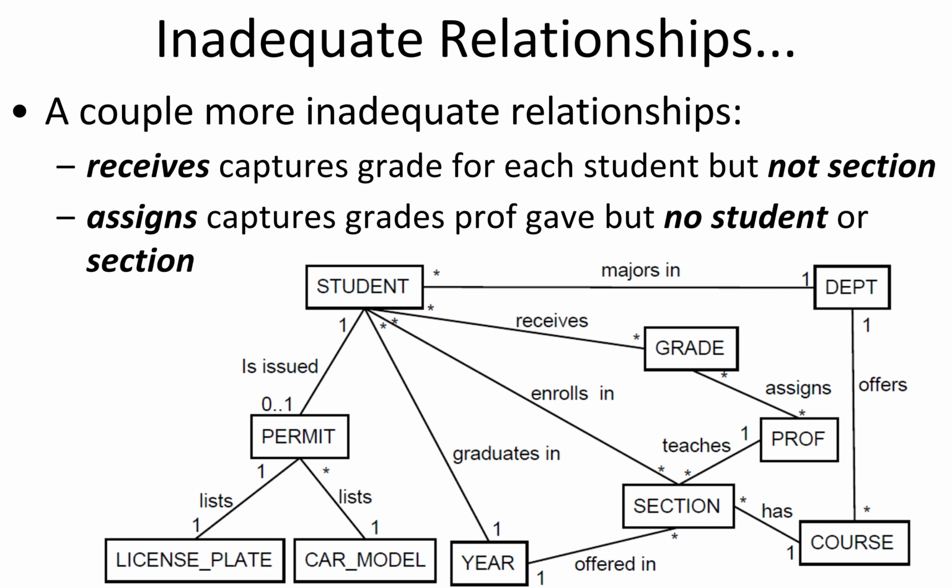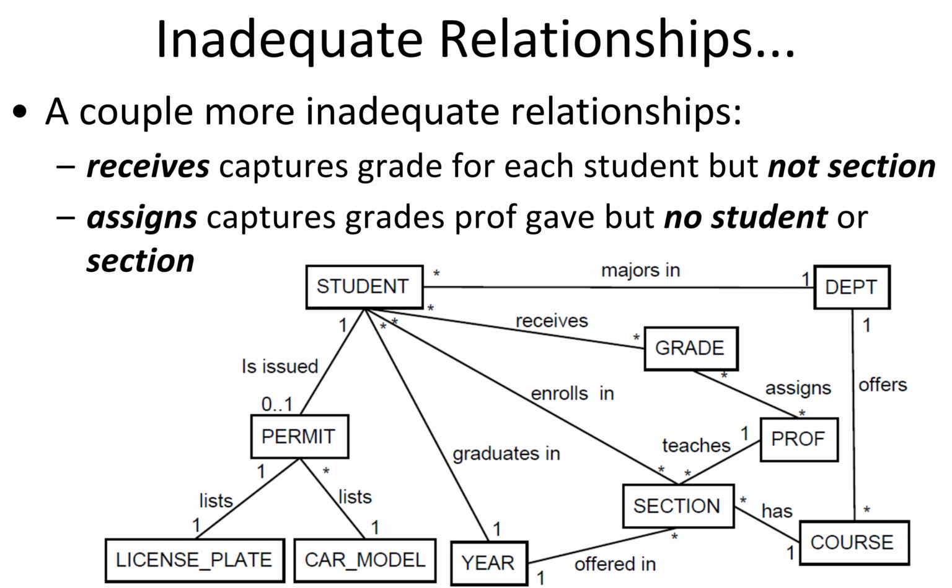Assigns the grade, but no student. It doesn't say for which section this was in, when the student was enrolled in a particular section. There is no relation that captures all these three things.